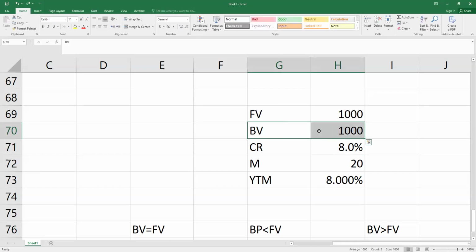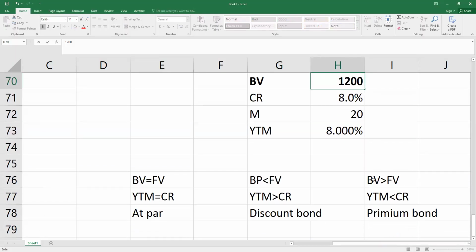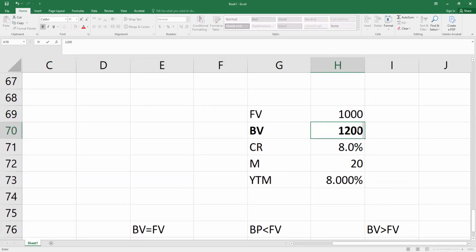If you increase the bond value and make it 1,200, the bond value is more than the face value, and our YTM will be lower than the coupon rate. If the bond value is less than the face value, our YTM will be higher than the coupon rate.